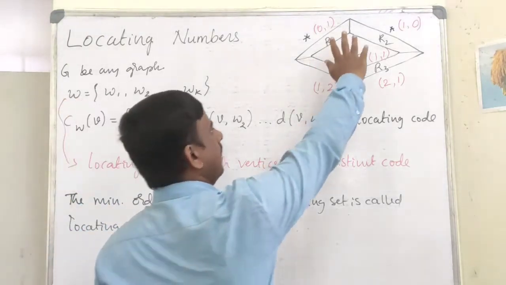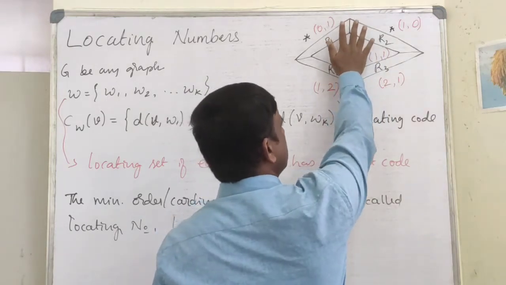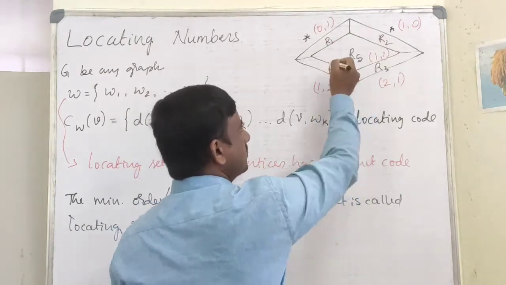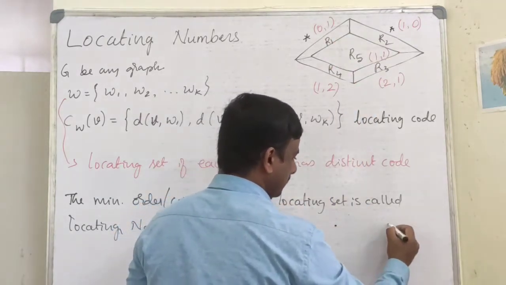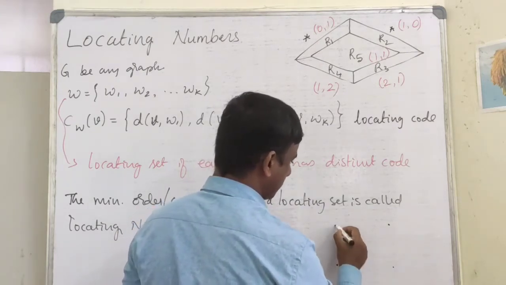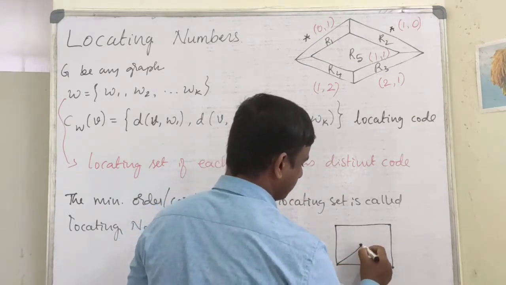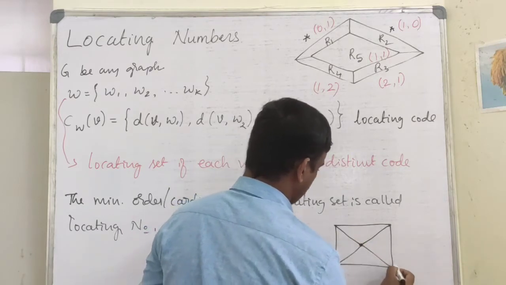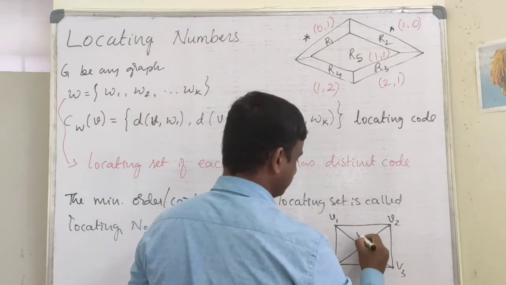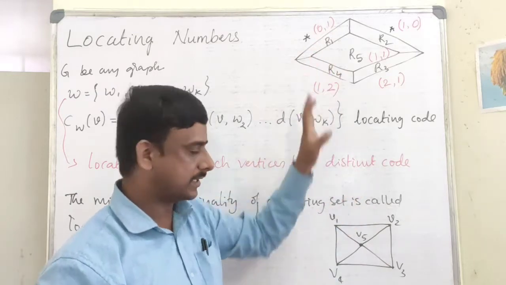Now suppose I draw a graph representation of this complex. Then the rooms are represented by vertices V1, V2, V3, V4, V5. The same discussion applies here.